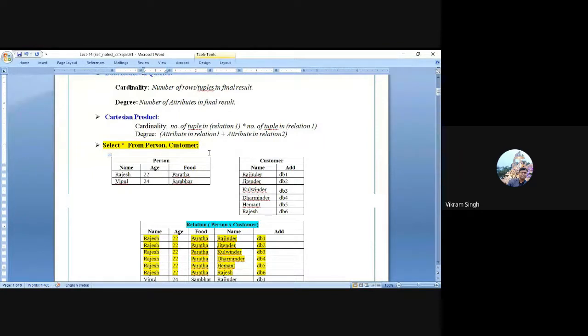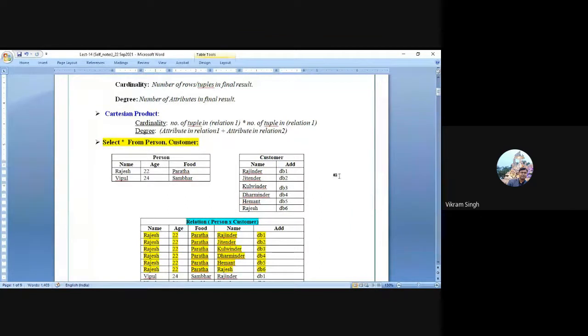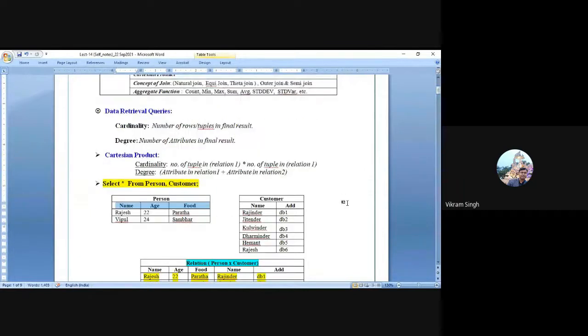So what will happen when we have these kinds of situations? The number of attributes will be the sum of the attributes of these two database tables. Two things are important whenever we discuss a data retrieval query. The first is cardinality. Cardinality is the number of tuples selected, right?